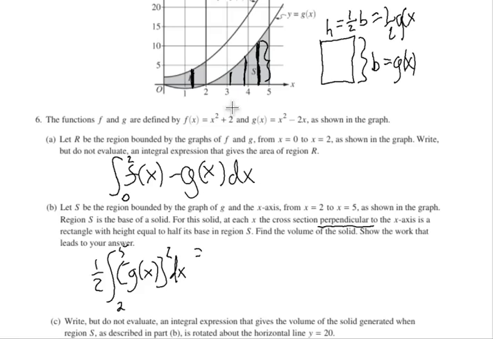Okay, so in terms of actual work, we have to figure this out. So the integral from 2 to 5 of g of x, x squared minus 2x quantity squared dx. All right, so we have to FOIL that out.